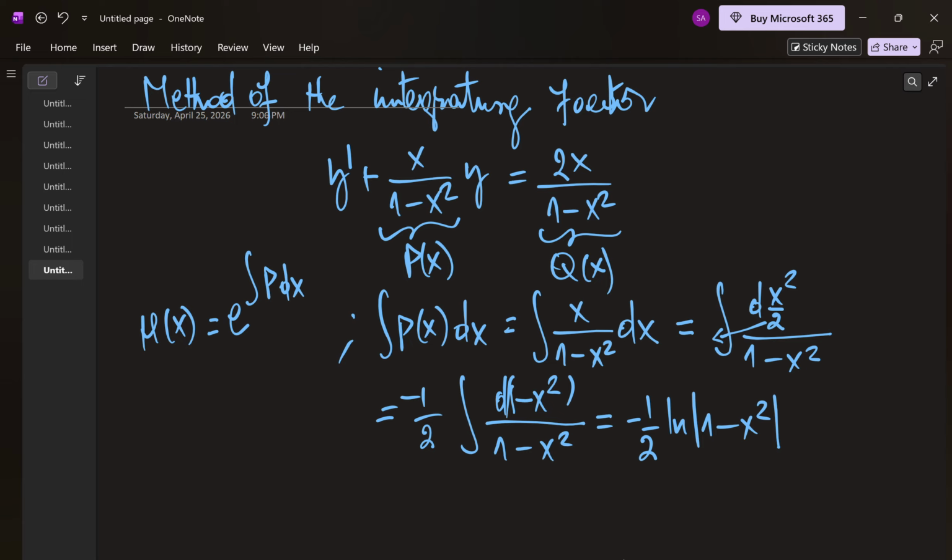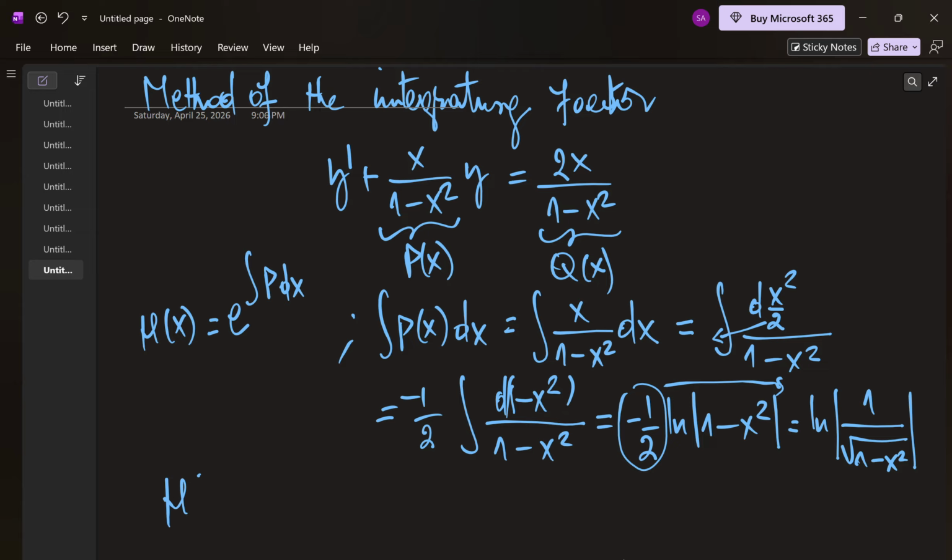Now u(x) becomes, this is actually equal to ln of 1 over the square root of 1 minus x squared. Okay, you take this here, and minus 1 becomes the inverse of the fraction, and 1/2 is the square root.